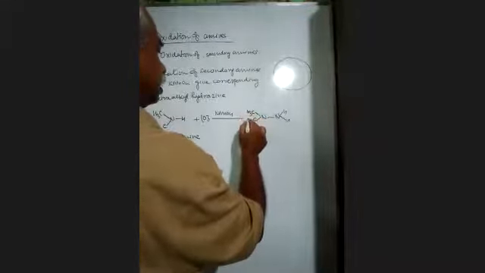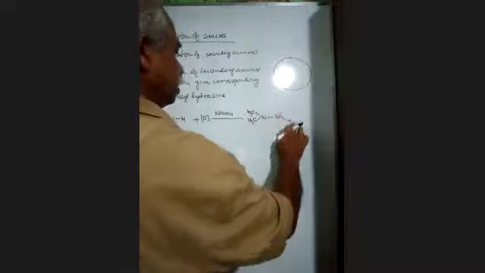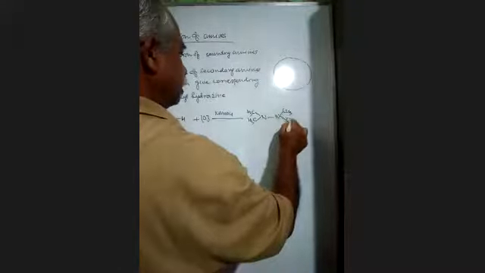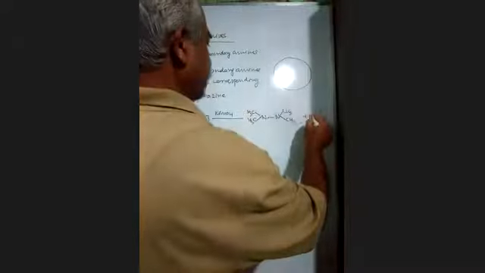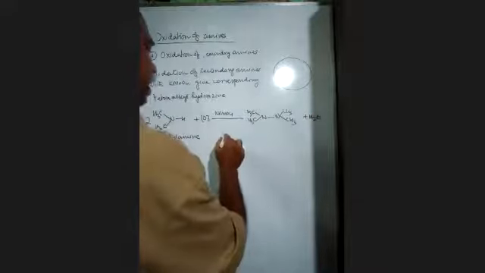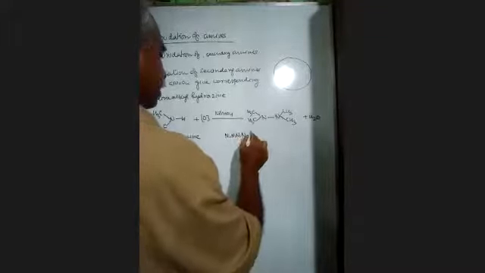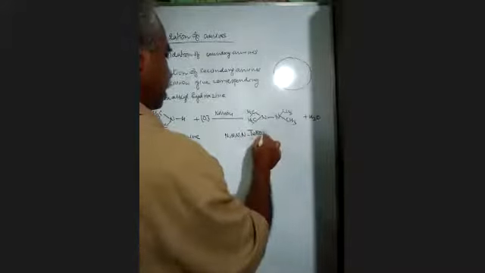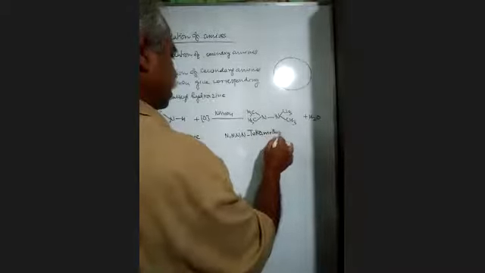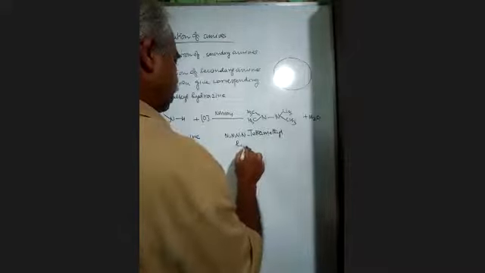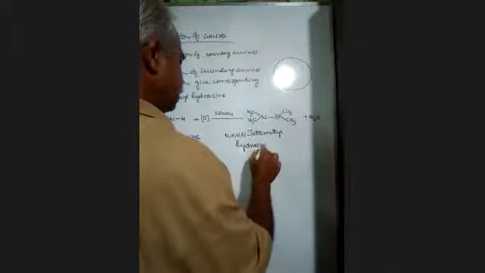CH3, CH3, CH3, CH3 here. I've taken two. So two hydrogens from here and one oxygen combine to give water. And we get here N, N, N, N tetramethyl hydrazine. Please remember, this tetramethyl hydrazine is used as a rocket fuel.